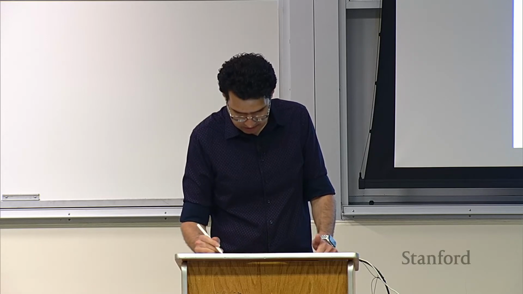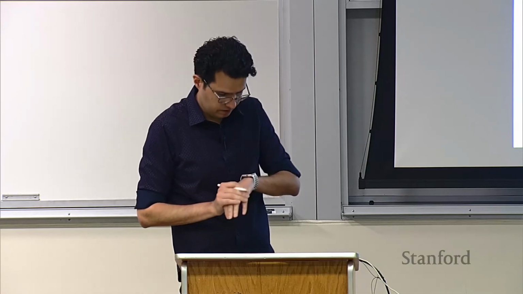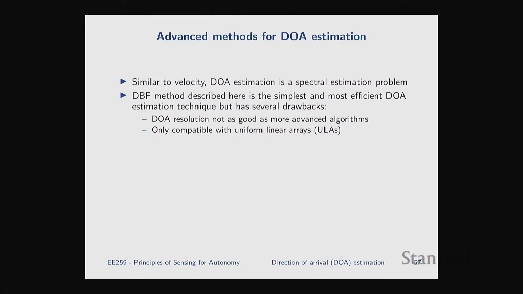Okay, so that's about the DOA resolution and the maximum field of view that you can get with this algorithm. Now again, I want to re-emphasize the fact that exactly every DSP step that we developed for the FMCW radar, range estimation, velocity estimation, and now finally angle estimation, these all turned out to be spectral estimation problems.